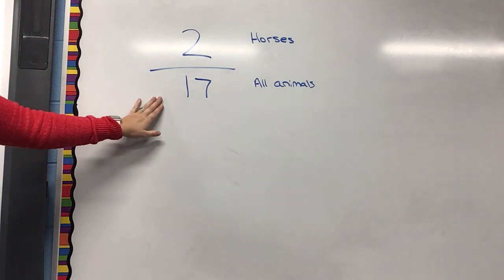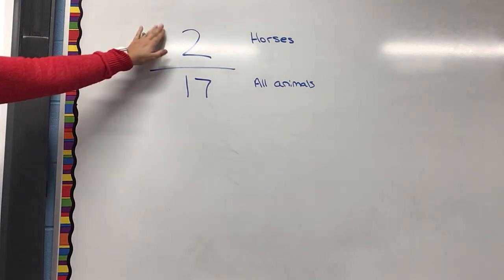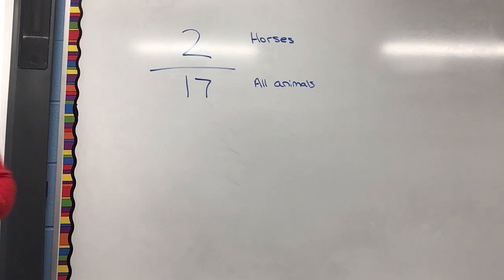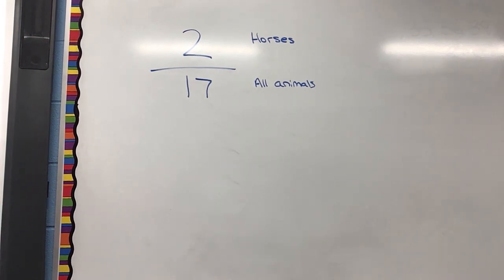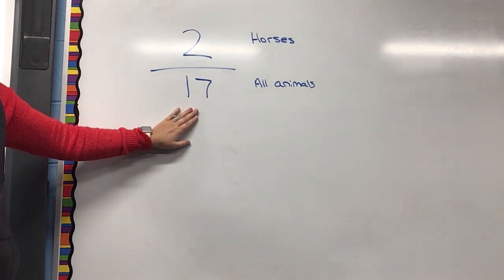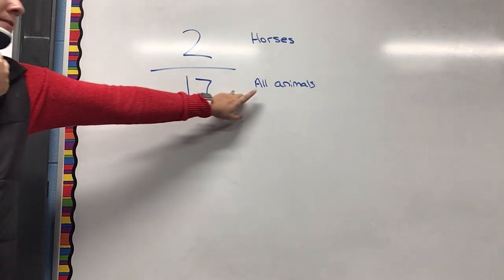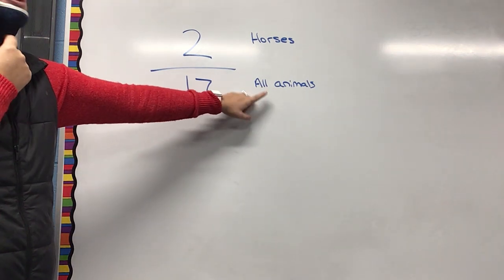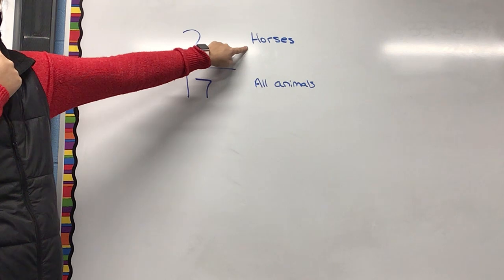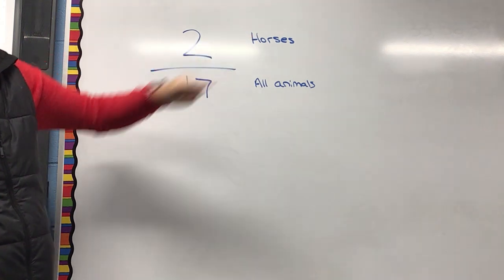Out of all of my animals, 17, 2 of them are horses. All right, you be creative. So your bottom number, what is all of your bottom numbers going to represent? All of your animals. You pick which animal you specifically want to talk about and tell me how many you have.